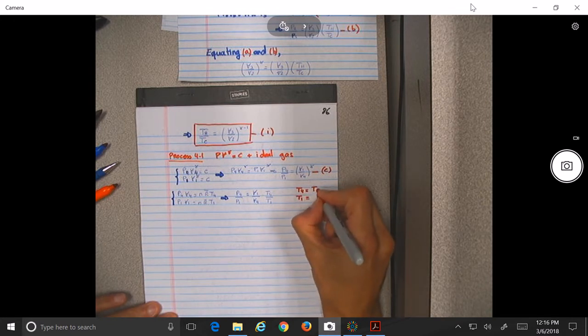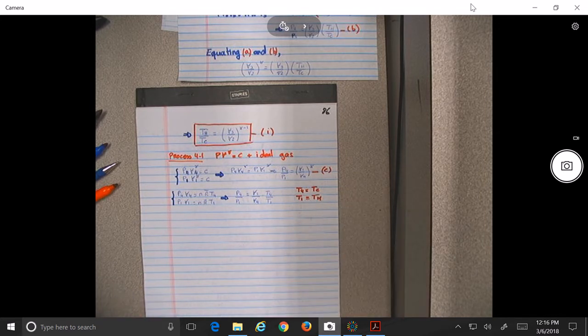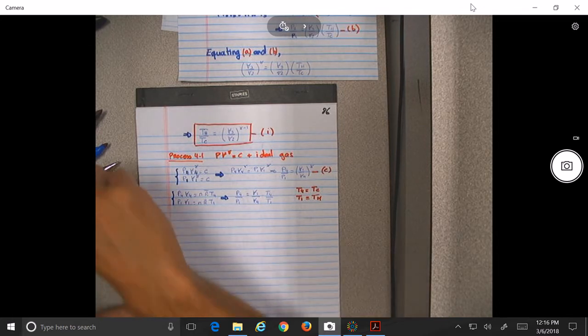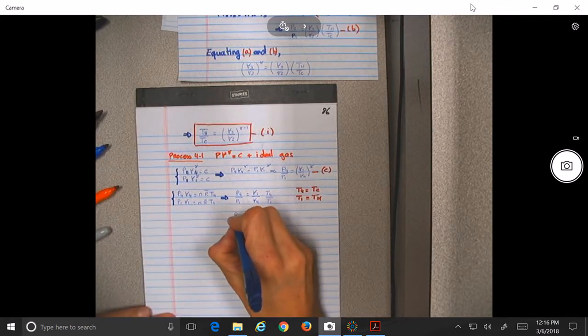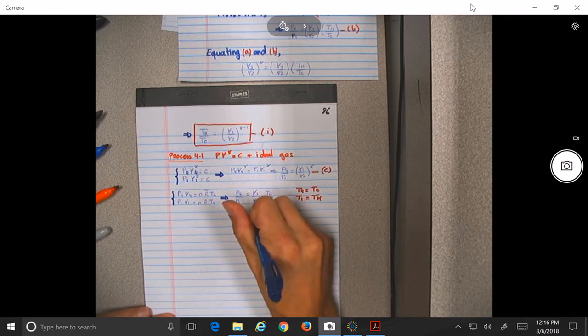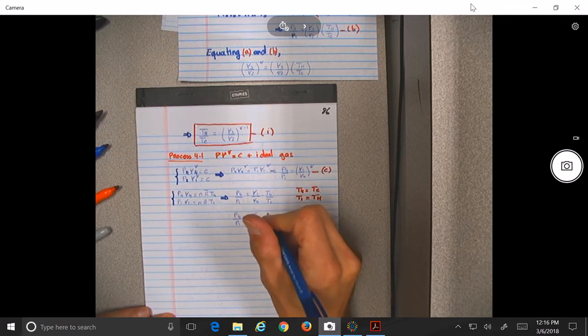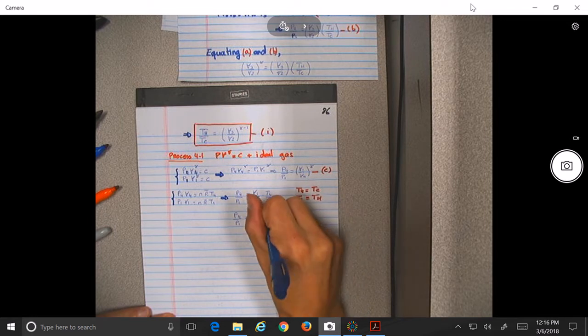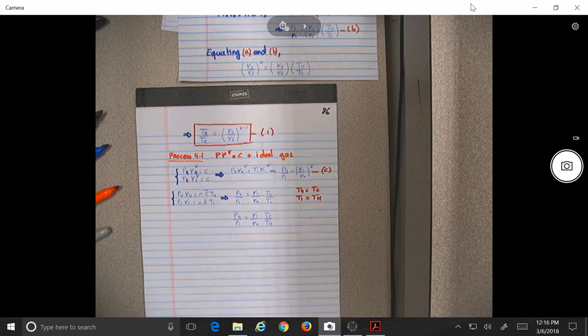T4 is T cold, T1 is T hot; you get all those things from the figure. So P4 over P1 equals V1 over V4 times T cold over T hot.